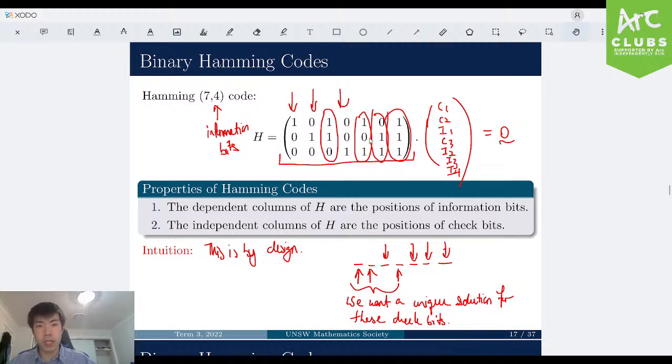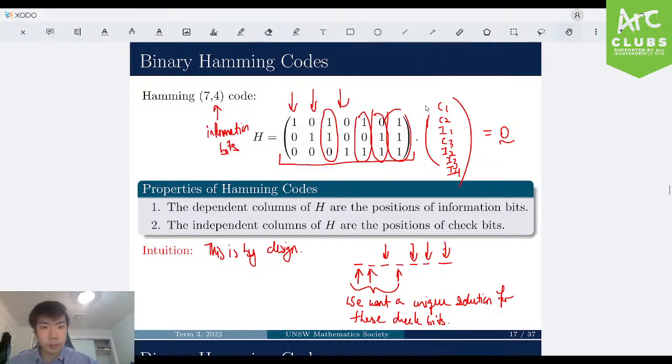Imagine taking this matrix H and multiplying it by a basis vector. Suppose we multiply it by 0, 1, 0, 0, 0, 0, 0 transposed.